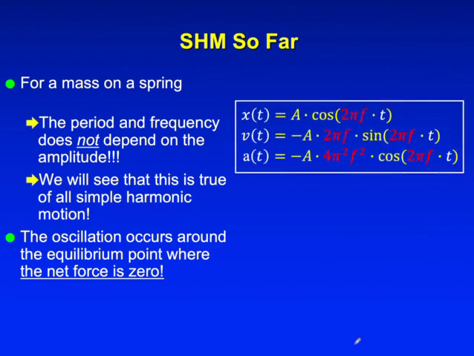We have these three equations that give us the position, velocity, and acceleration of a simple harmonic oscillator at any given time. The one thing I want to mention in passing is this: does it have to start out, for example, a cosine curve is at a maximum at t equals 0, does it have to start at a maximum?